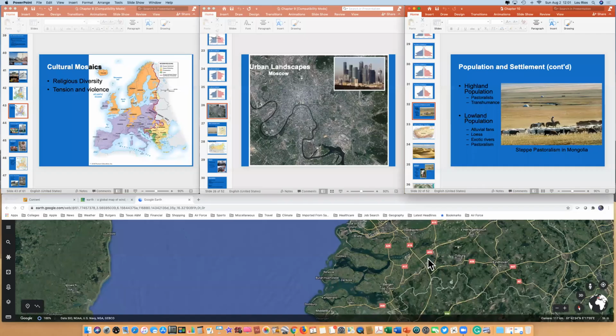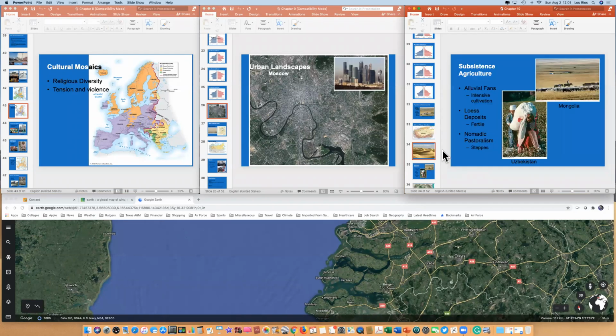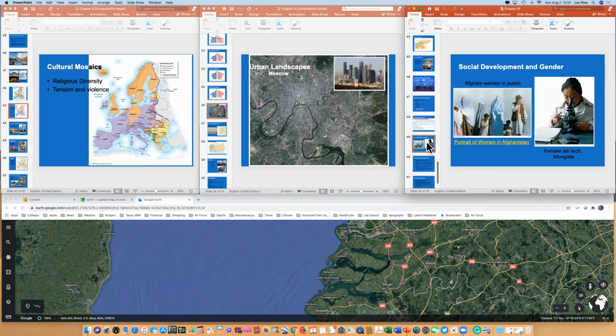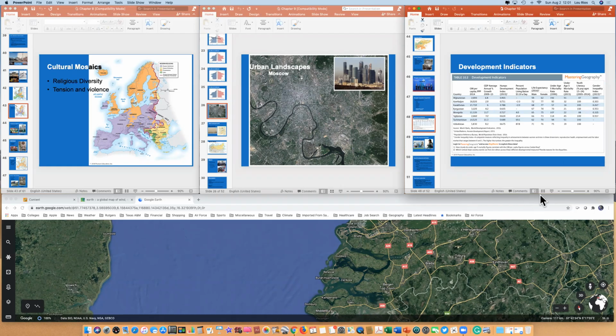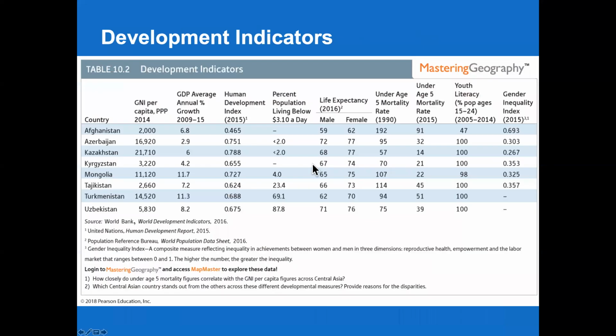One thing that I wanted to go over in this particular lesson is social development and gender. And that's where I'm going to end that part of the lesson. The idea of the human development index: the closer you are to 1, the better.